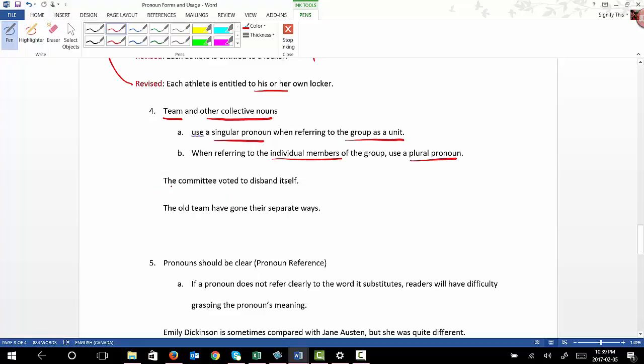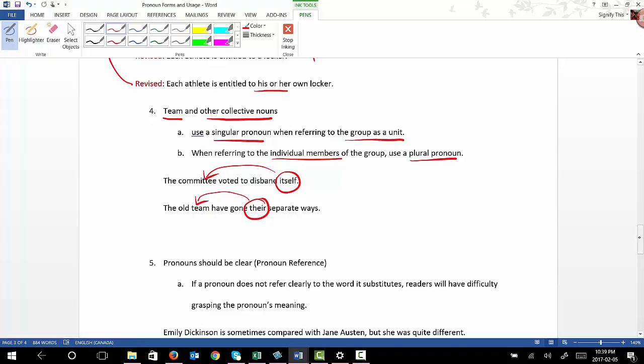For example, "the committee voted to disband itself." Singular. Or "the old team have gone their separate ways," as in, the members have gone their separate ways.